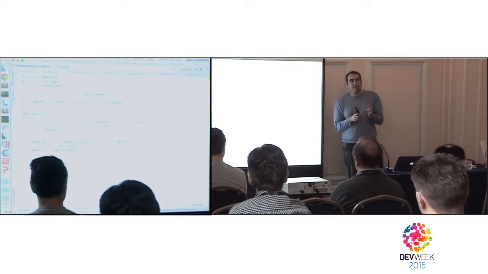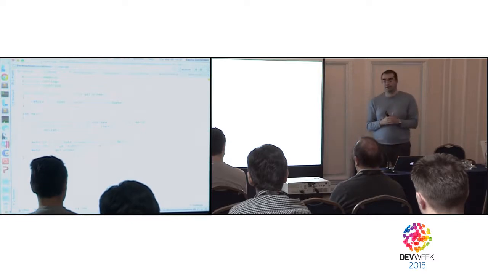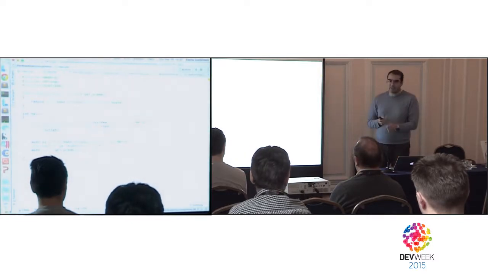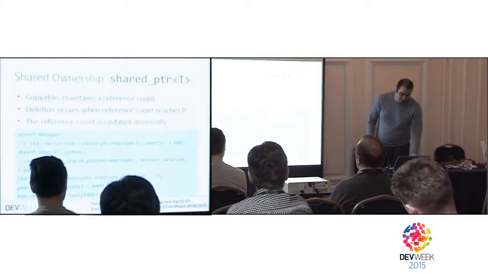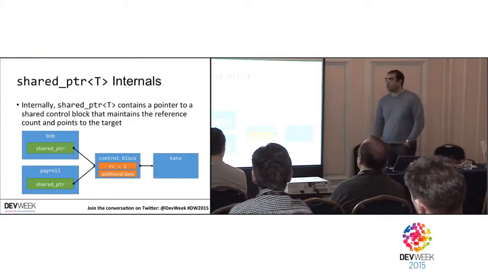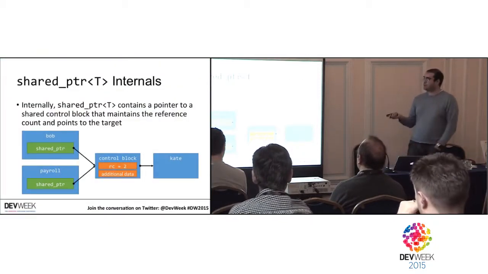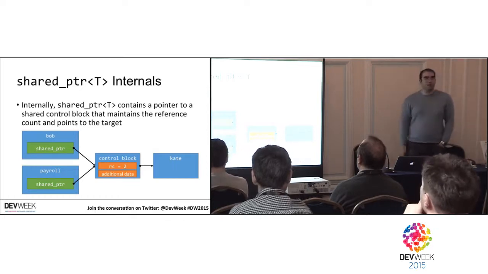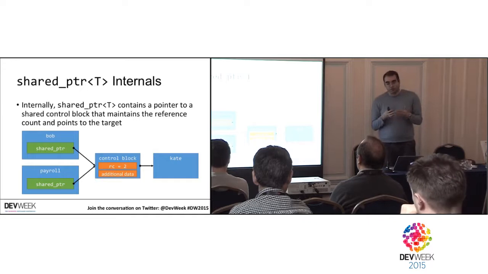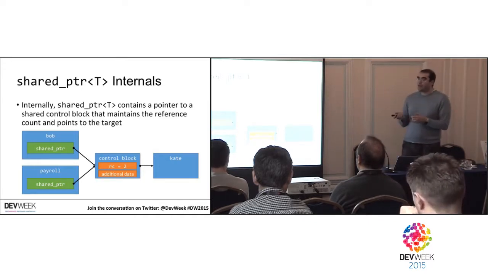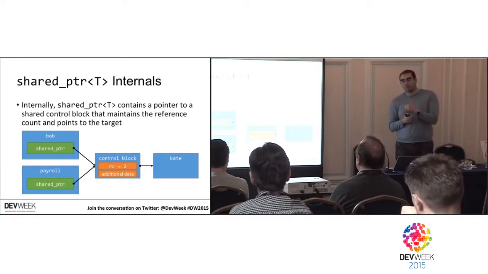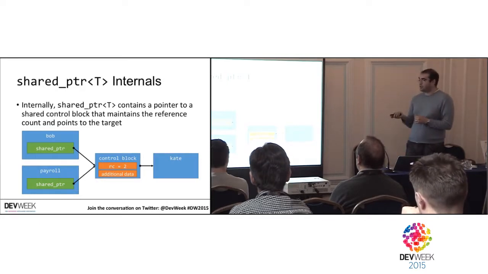So it's exactly the same as using raw pointers, except you don't have to remember to use delete. But shared isn't the same thing. Shared has the following structure internally. So suppose you have two shared pointers pointing to the same object. To share the ownership and to coordinate the ownership, shared pointer allocates a heap data structure called a shared pointer control block.